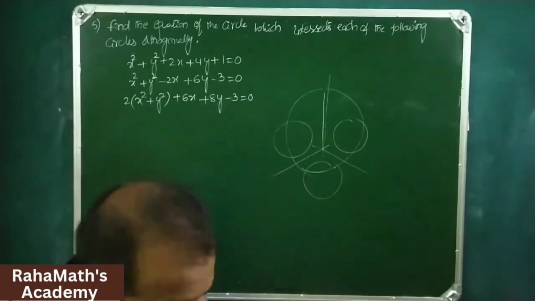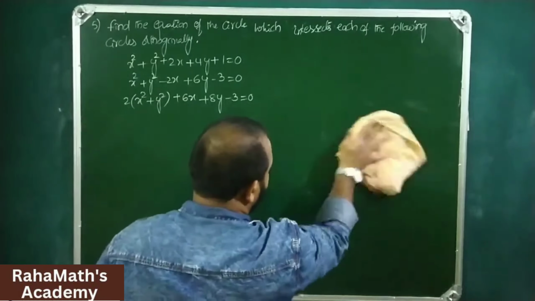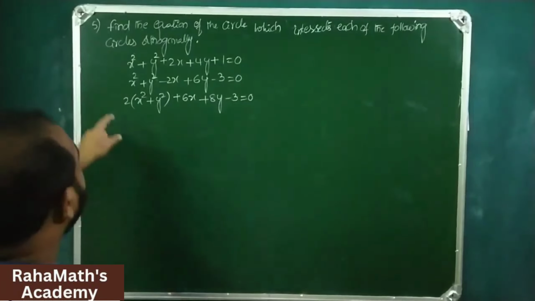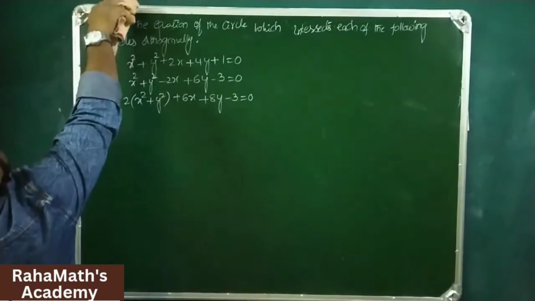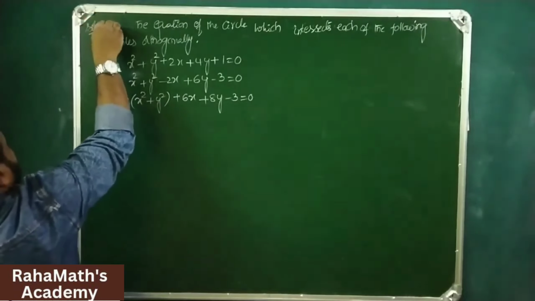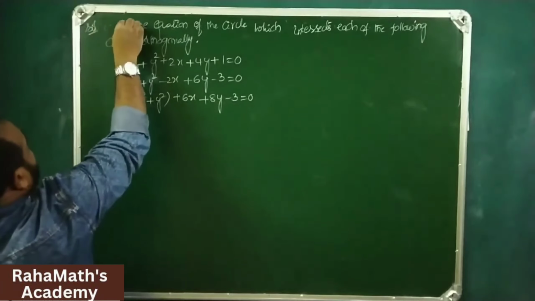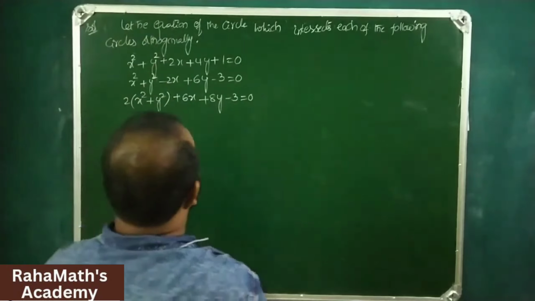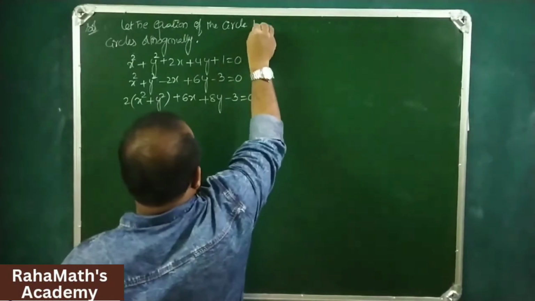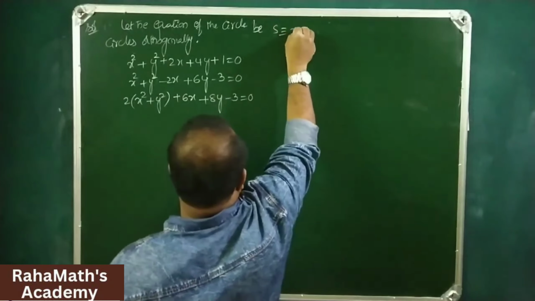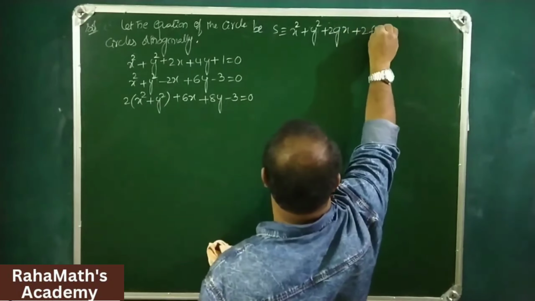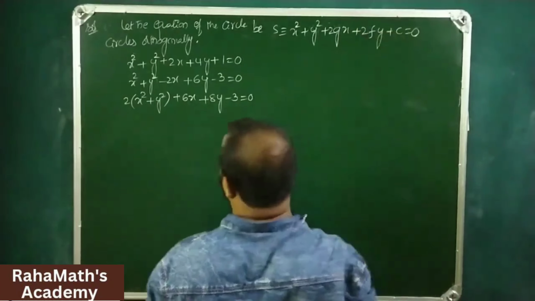So at present, let us use the common method itself. Let the equation of the required circle be S: x square plus y square plus 2gx plus 2fy plus c equals to 0.